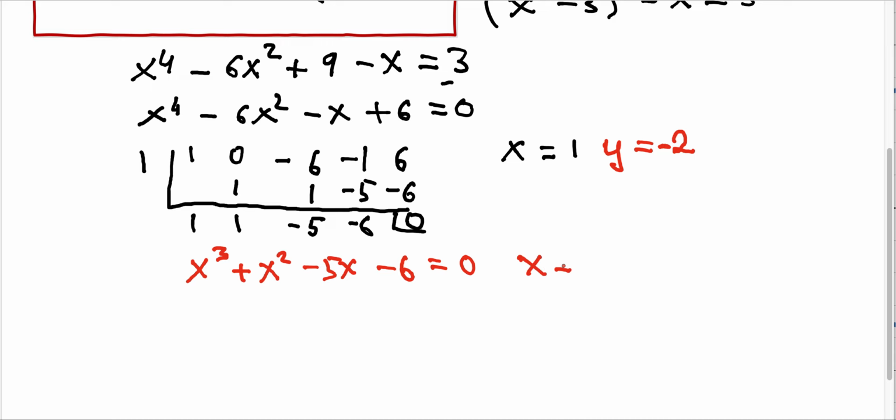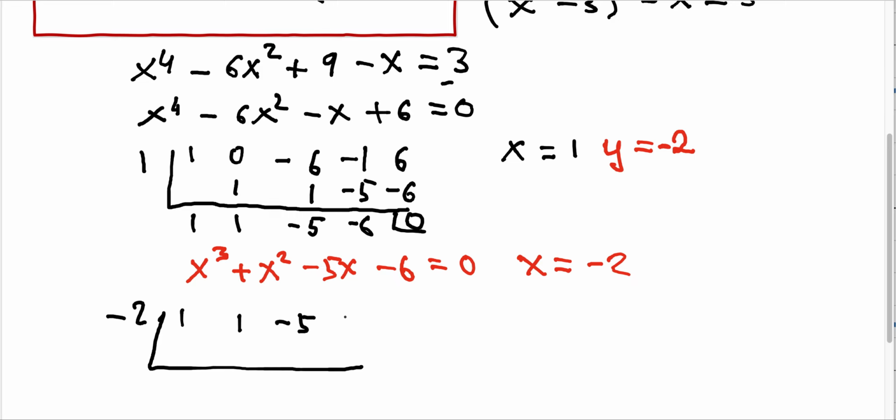So x is going to be equal to minus 2. If we are plugging in minus 2, we can verify this very easily. So we can see that minus 2 is one of the solutions. Minus 2 we are applying here. And here is 1, 1, minus 5, minus 6, we don't have any missing coefficient.